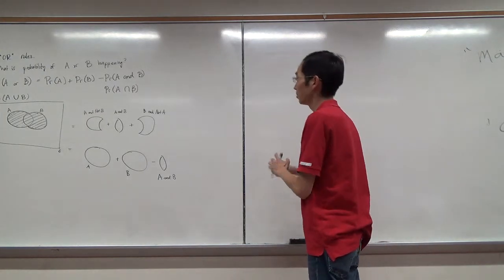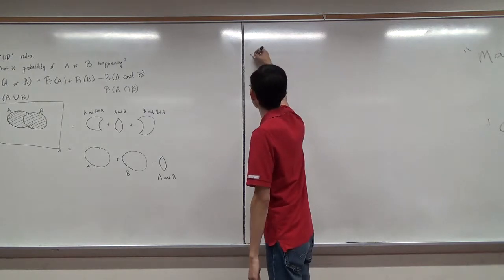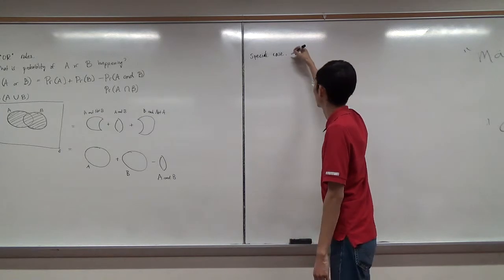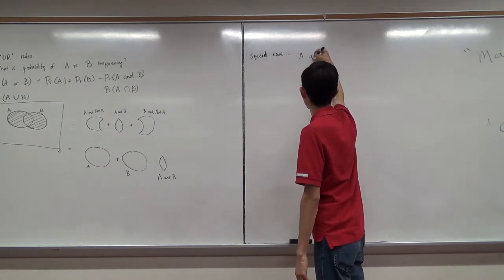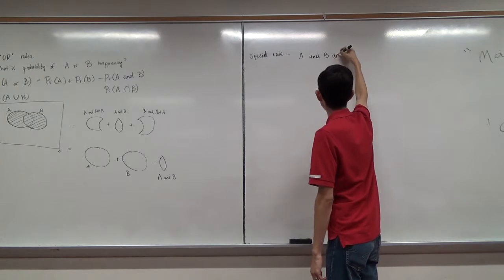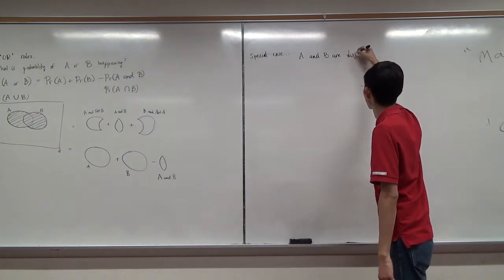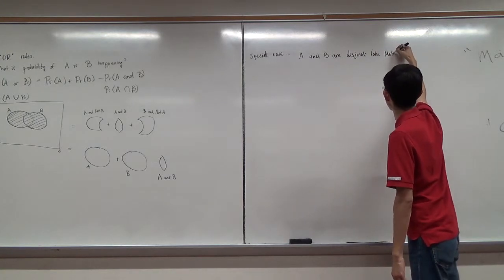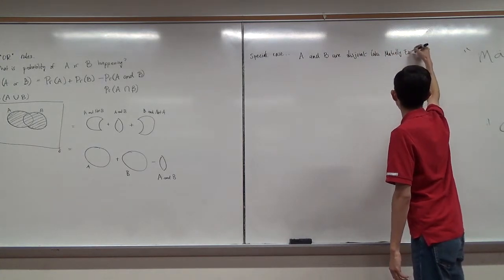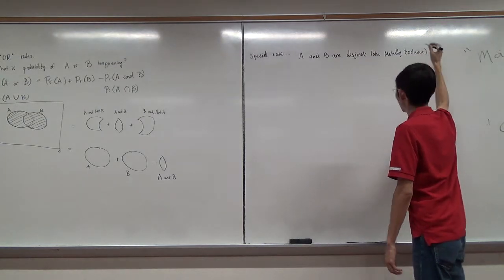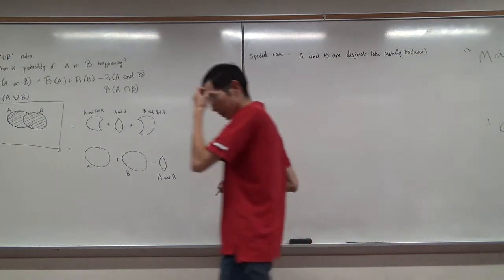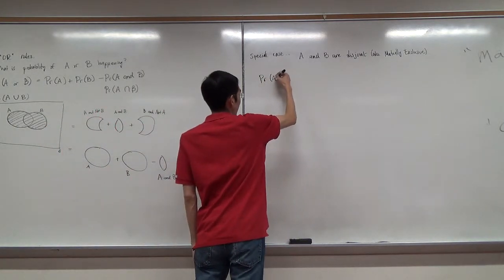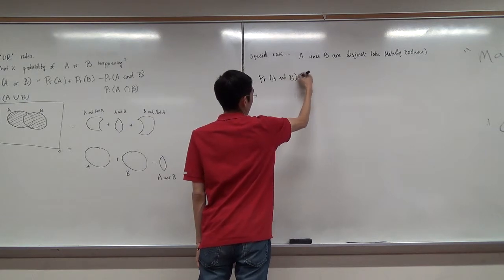And then we have a special case of the OR rule. A and B are disjoint, also called mutually exclusive. Disjoint or mutually exclusive means that the probability of A and B is equal to 0.